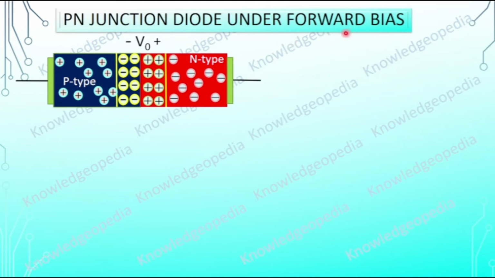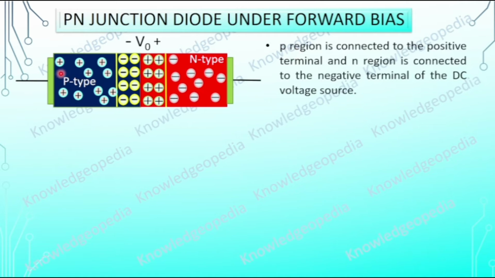What is the meaning of forward bias? Biasing means we are applying some external voltage, right? And forward bias means the P region, this is the P side, should be connected to the positive terminal of the applied voltage, and this N side should be connected to the negative terminal of the applied voltage source.